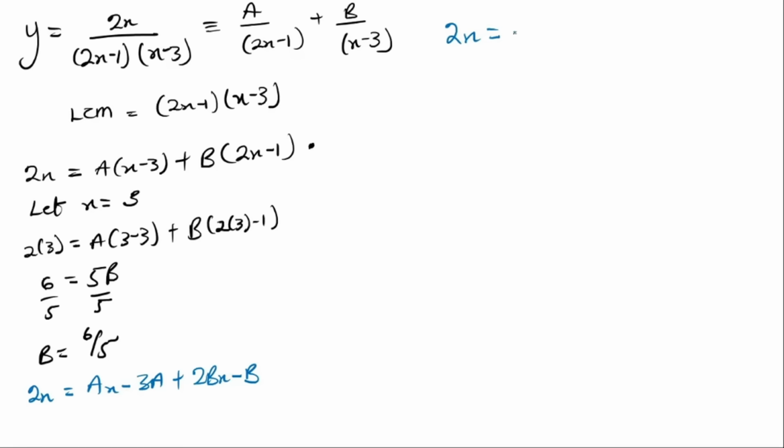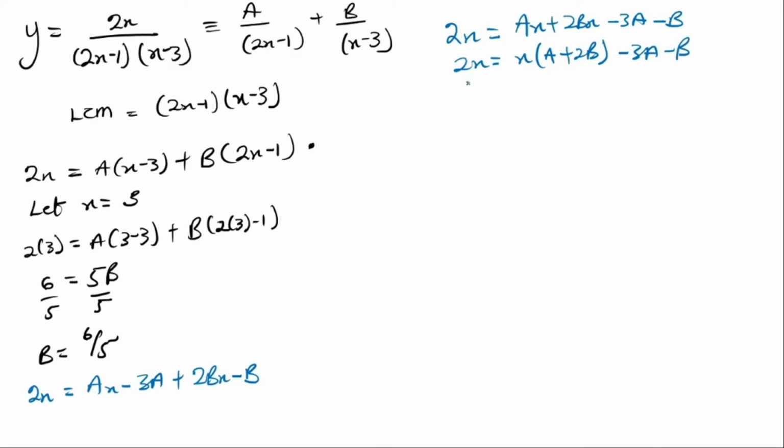Okay, so if we have this, then plus 2bx, then minus 3a minus b. So it means 2x is equal to, if we factor out the x, we have x(a plus 2b), then minus 3a minus b.